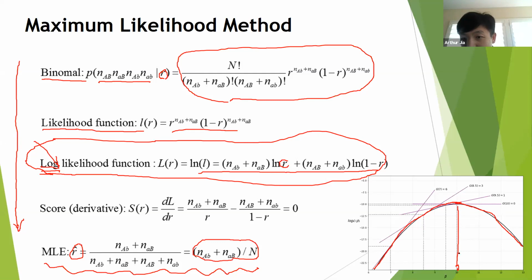So how do we identify this R that can maximize the log likelihood? We just take the first derivative and set it to 0. This way we can identify this position and this R here. Is that clear? No? All right, okay. Then ignore this part for now. I'm going to come back to this later.